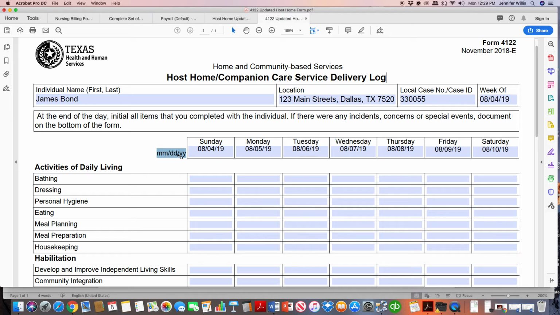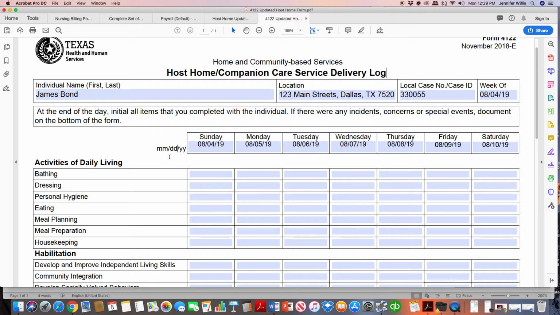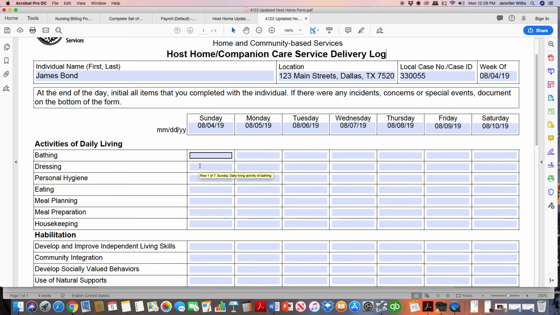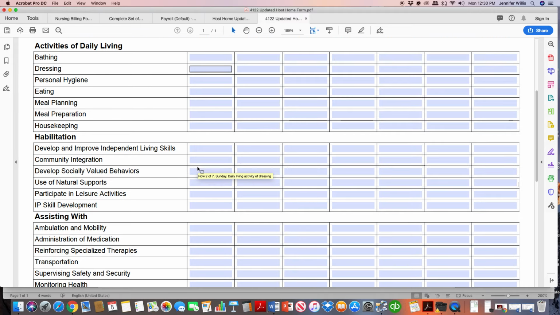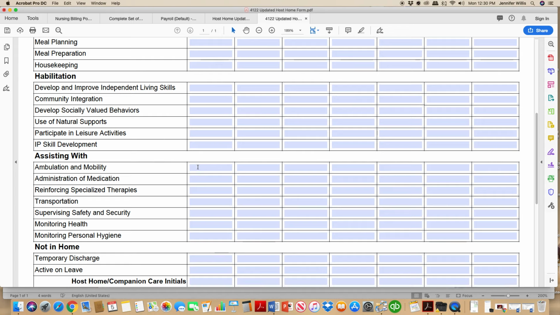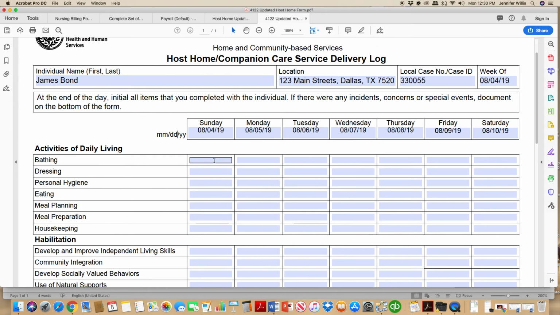The biggest difference now in this form and our previous form is that here in our activities of daily living or habilitation or assistance with or not in the home, we used to be able to just put X marks in the boxes, and now we no longer can put an X mark or check marks in the box.